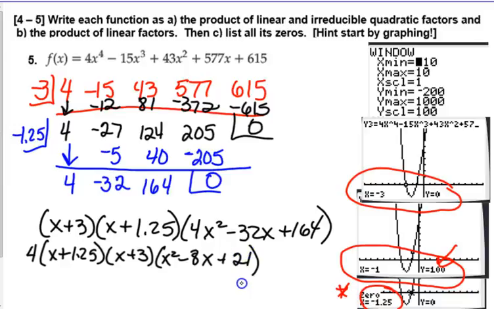Is that right? All right. I can distribute the 4 through here just to get rid of the fraction. This would be 4x plus 5, x plus 3. To get linear factors, I'm going to have to use quadratic formula or something here.